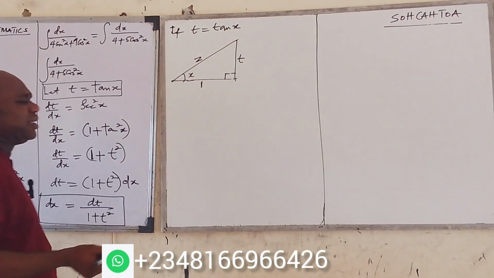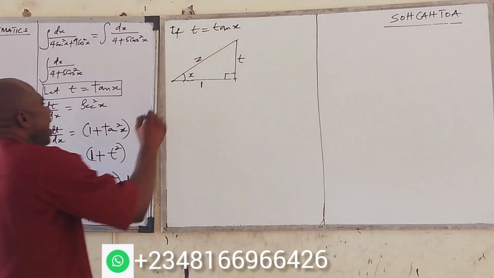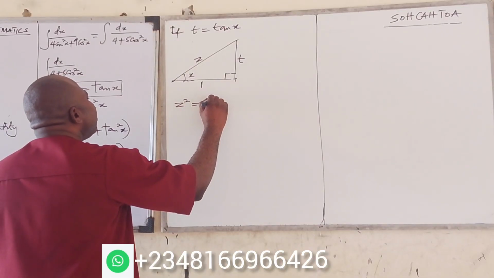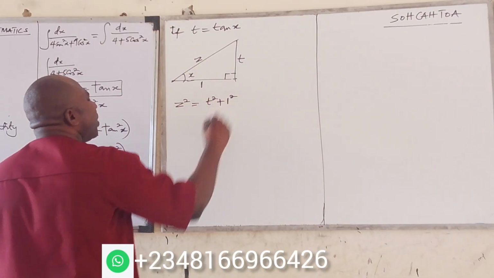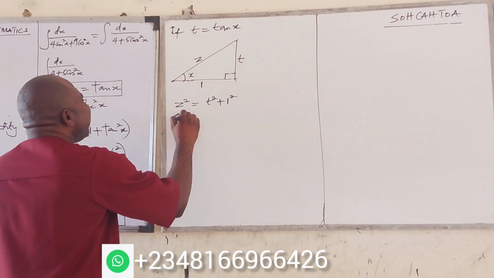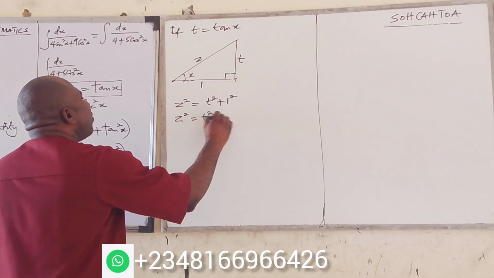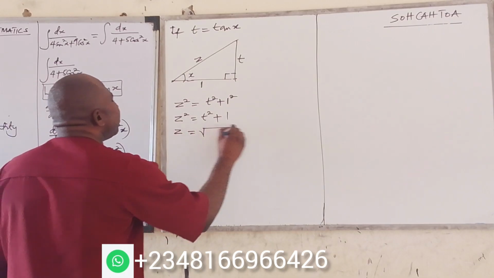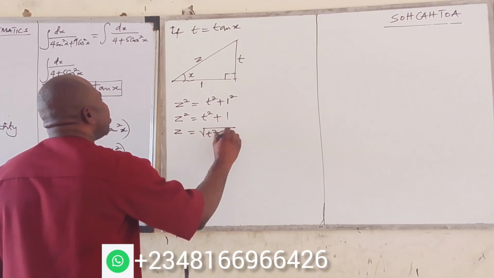Now remember from Pythagoras theorem that the hypotenuse square is equal to the opposite square plus the adjacent square. So it means our z square will be equal to t square plus 1. So the value of our z will be equal to the square root of t square plus 1.